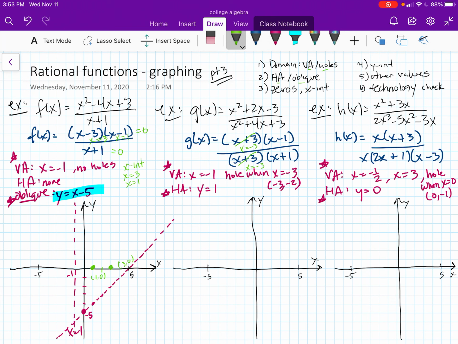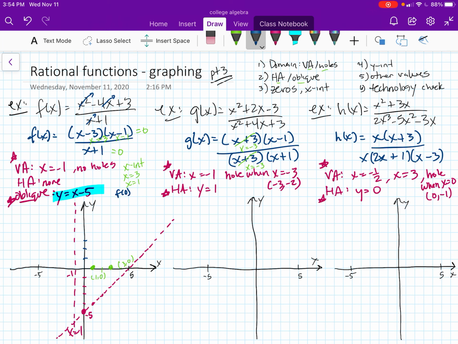The y-intercept is if we set x equal to 0, right? It's somewhere on the y-axis here. So, I'm sorry, set x equal to 0. And I would rather look at the unfactored form because if x is 0, right, then this is 0, this is 0, this is 0, and I get 3 over 1.